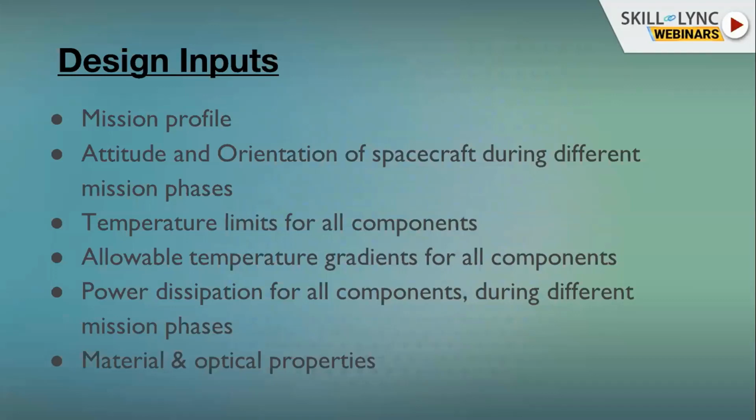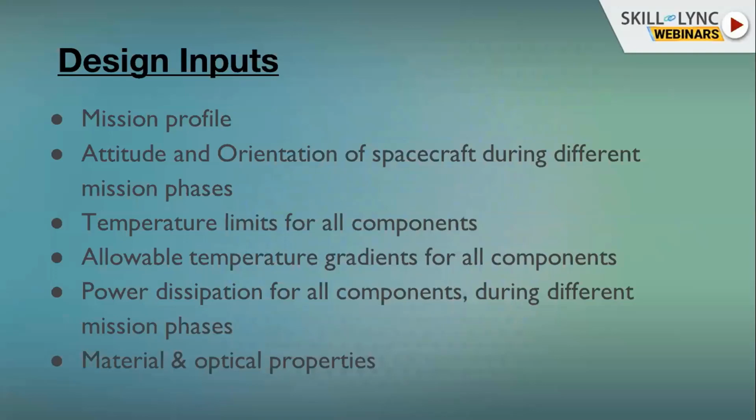Then we need to know the temperature limits for all components. There are components which have different temperature ranges. For example, your communication systems normally operate in the range of -20 to 55 degrees Celsius. Your battery has a very narrow range, +5 to 20 degrees Celsius.